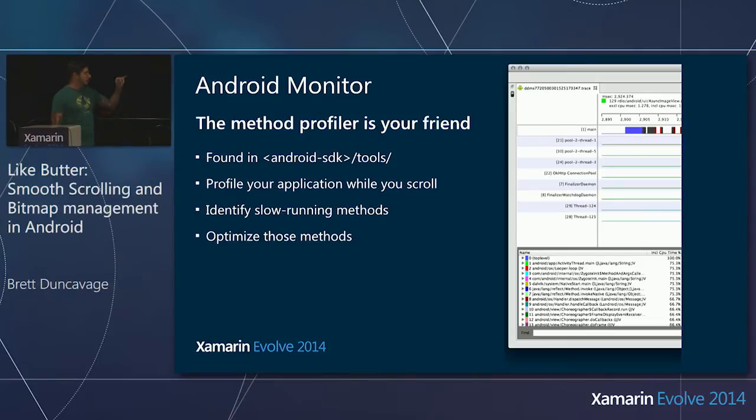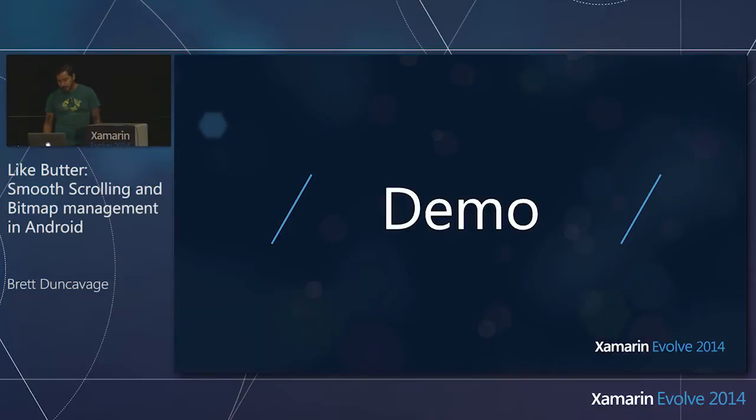And the method profile will show you on a graph the methods that are taking longer than they should, and will cause you to drop a frame, because all that stuff is happening on the main thread, and it has to, because that's where all the UI rendering happens. So you have to make sure the main thread is clear for rendering to happen, but you have to deliver the views on the main thread as well. So you've got to make sure you're being as efficient as possible.